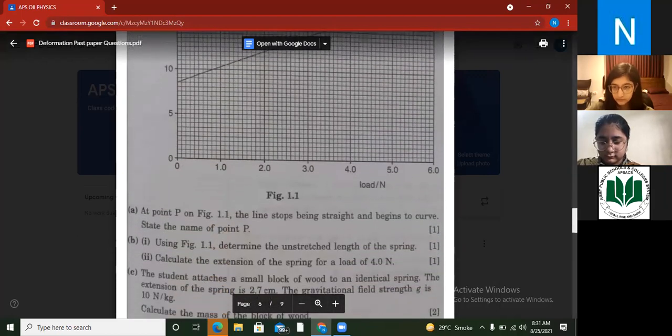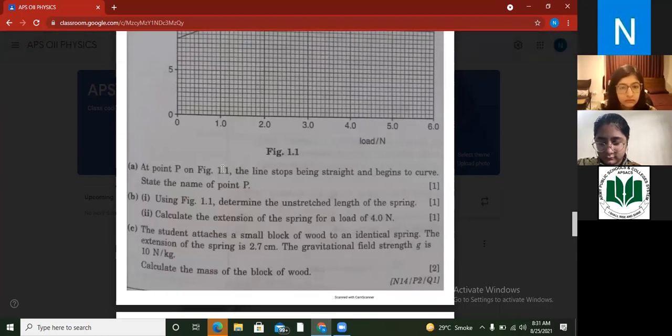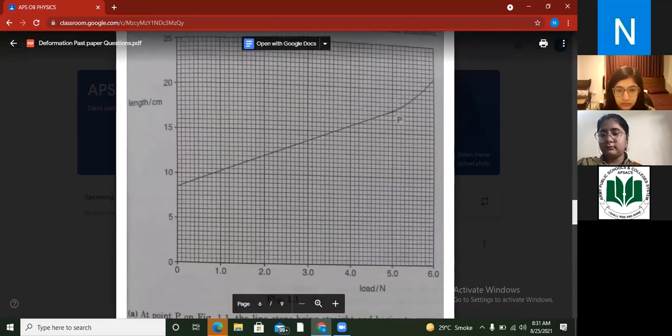Come to the part number A. A point P on the figure 1.1, you know that what is the point P? A limit of proportionality, right? The line starts being straight and begins to curve. State the name of the point P. I'm asking for this point.